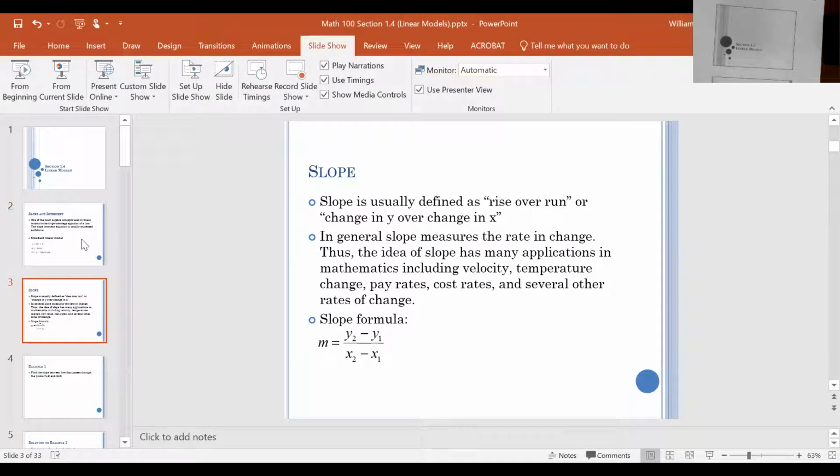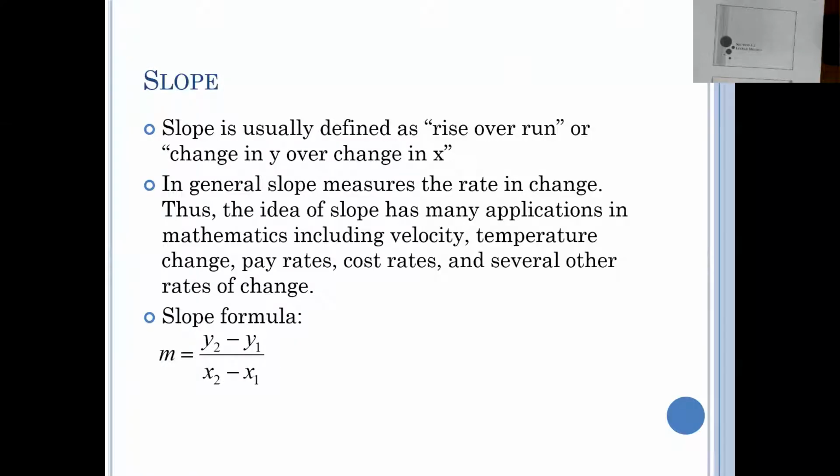So some important things about slope. Typically, we refer to it as rise over run or change in y over change in x. In fact, in high school, your teacher may have described slope as rise over run, or change in y over change in x.